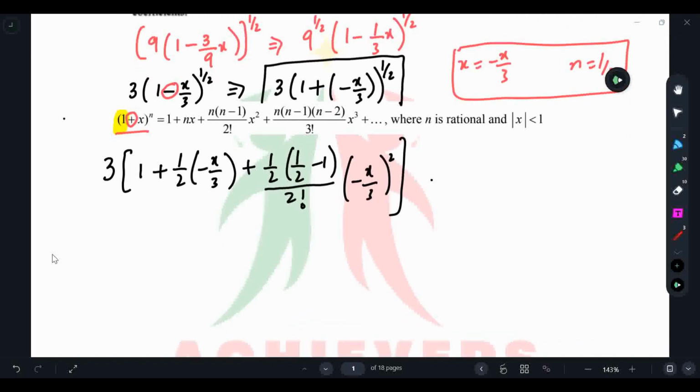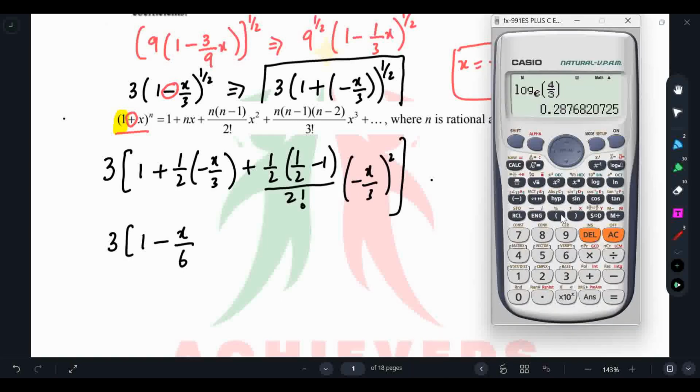So this will be 3 into (1 minus x by 6). Then we can simplify this form on the calculator, because this is a constant number.